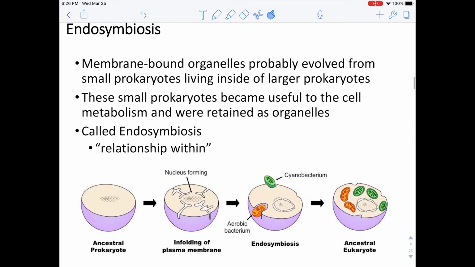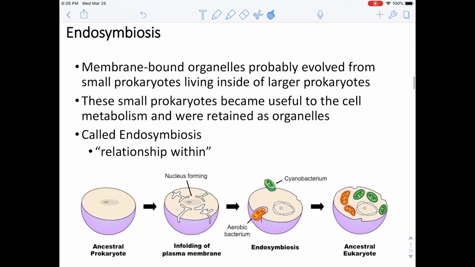Okay, one other thing, not quite related to photosynthesis, but kind of, is this concept called endosymbiosis. This is one of these overarching themes. It connects evolution again, just like we saw before. Endo meaning within, and symbiosis, hopefully you remember from your summer assignment a long time ago.